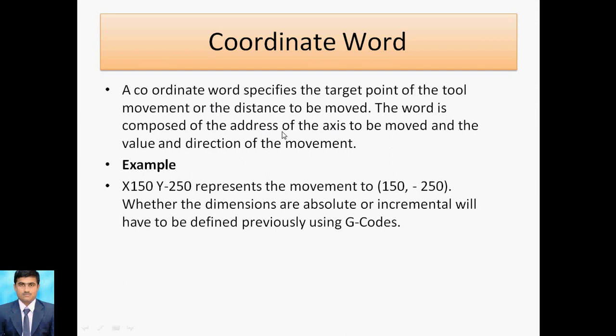The word is composed of address and axis, so address is the 150 with the x or y coordinate system. The example is x150 and y minus 250. So the movement will take place as 150 distance and minus 250 distance. So this is regarding the x and y coordinate system.